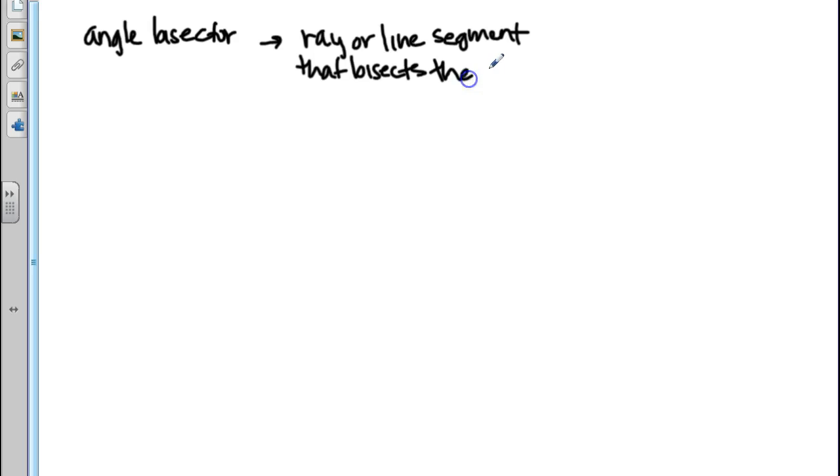Pretty straightforward stuff, huh? So remember, bisecting means it's going to cut it into two congruent angles, exactly the same measure.